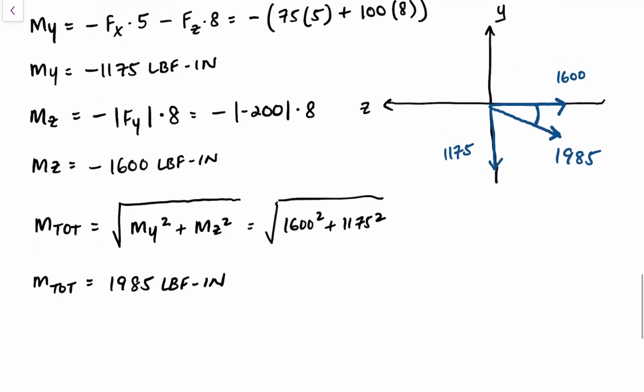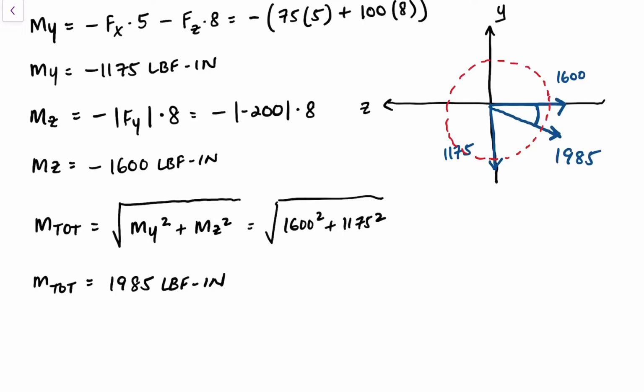Okay, so now that we have the shaft, right? Let's say the shaft is this way, right? We need to know where the maximum compression or tension occurs. It actually occurs offset from the z or the y-axis, and it's going to be at some angle. But what we have here is actually the moment vector, right?